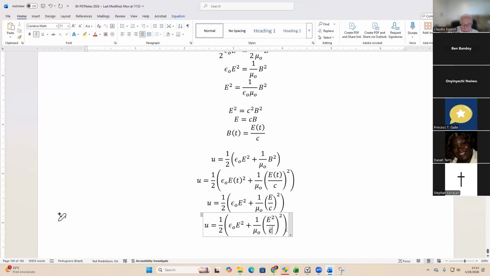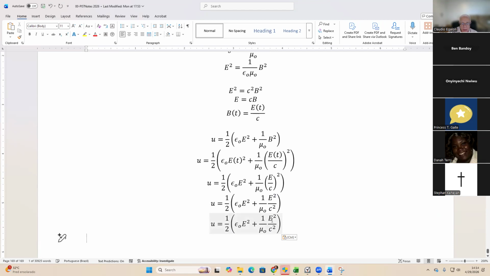C squared, and now we can put E squared in evidence, like that.